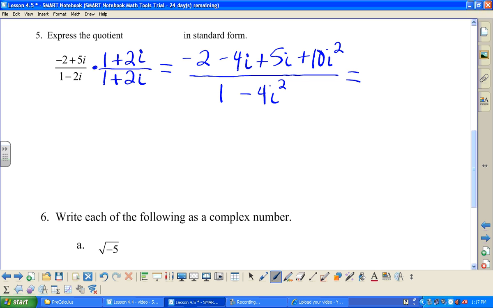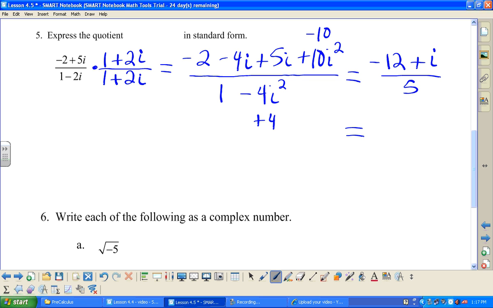So when I simplify this, remember this is going to become negative 10 here because i squared is negative 1. Negative 2 minus 10 is negative 12. And negative 4i plus 5i is i. And then same thing down here. This is equal to positive 4, so 1 plus 4 would be 5.